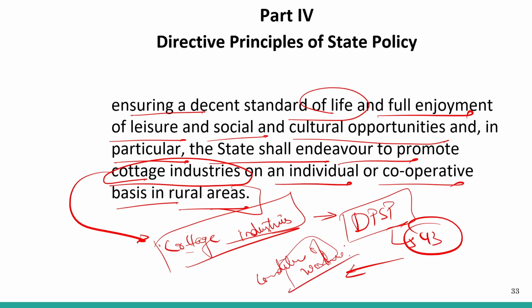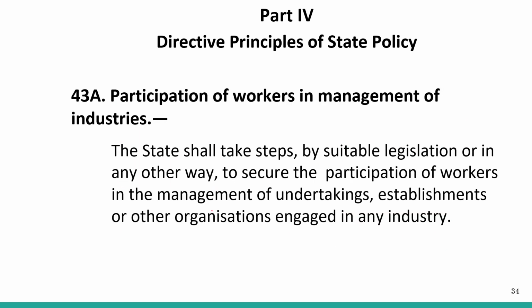Now, Article 43A. Again, A has been mentioned, which means that it has been brought about by an amendment. Which amendment is that? That is the 42nd Amendment, which has brought about this particular article. What does it say? It says participation of workers in management.